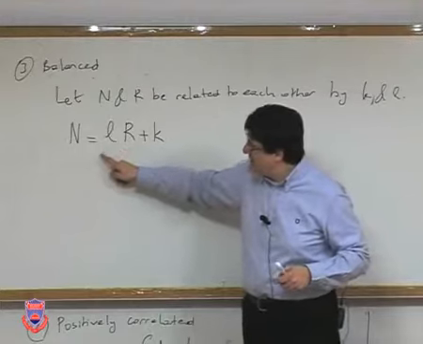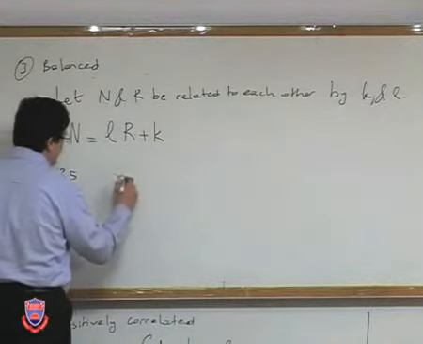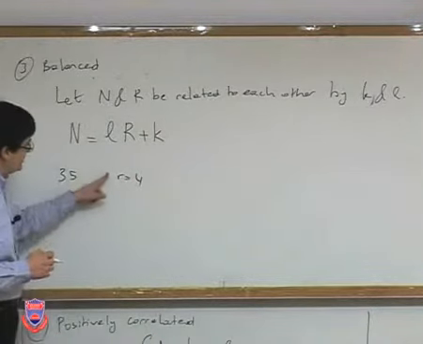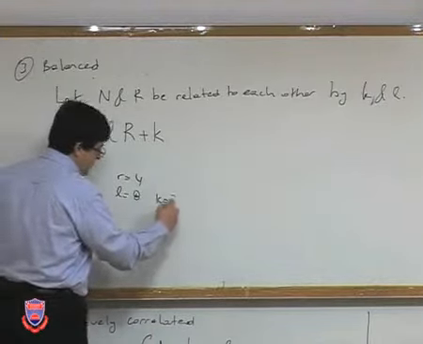For example, let's say that N is 35 and R is equal to 4. It means that L is going to be 8 and K is going to be 3.